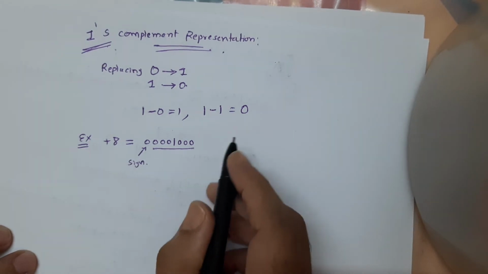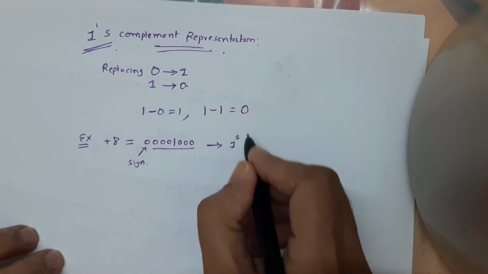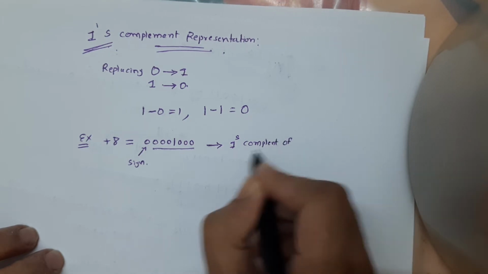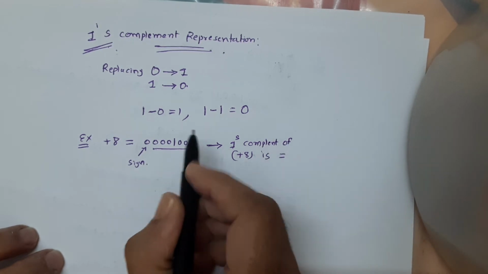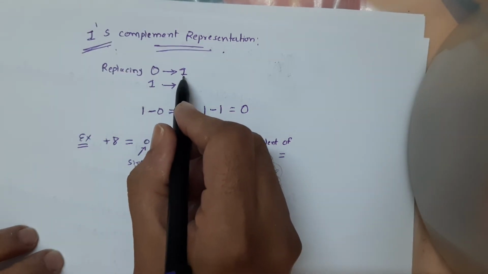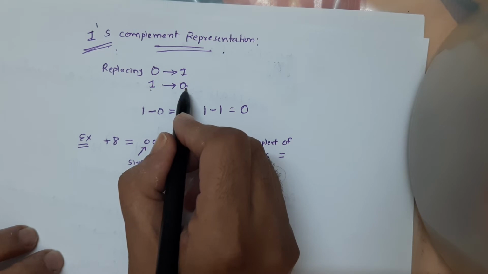And the ones complement of plus 8 is equal to, whenever there is a 0, we convert it into 1, and if we are getting 1, then it is converted into 0.